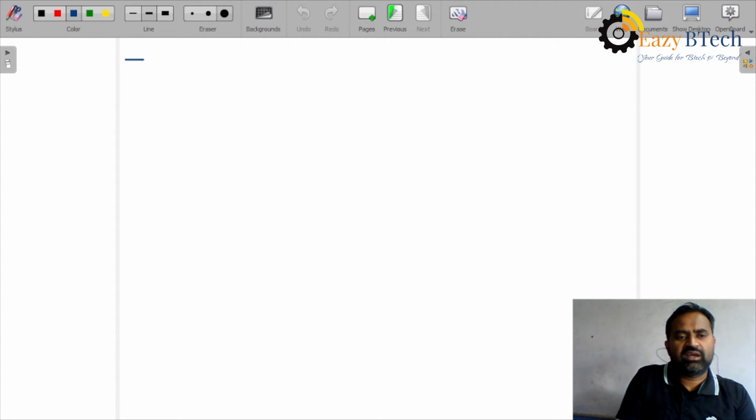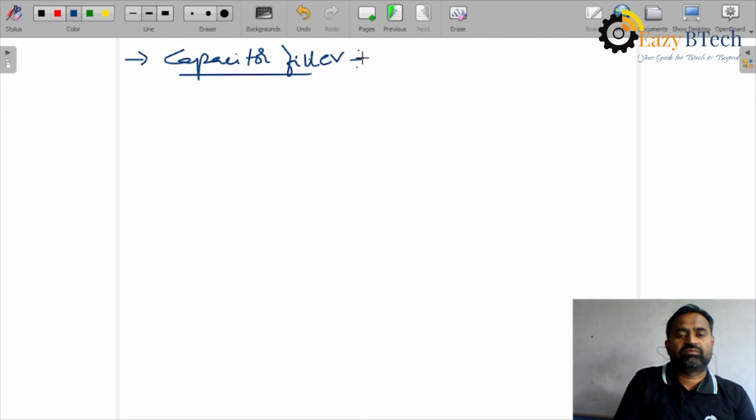Next we will see the capacitor filter. This also we'll see.